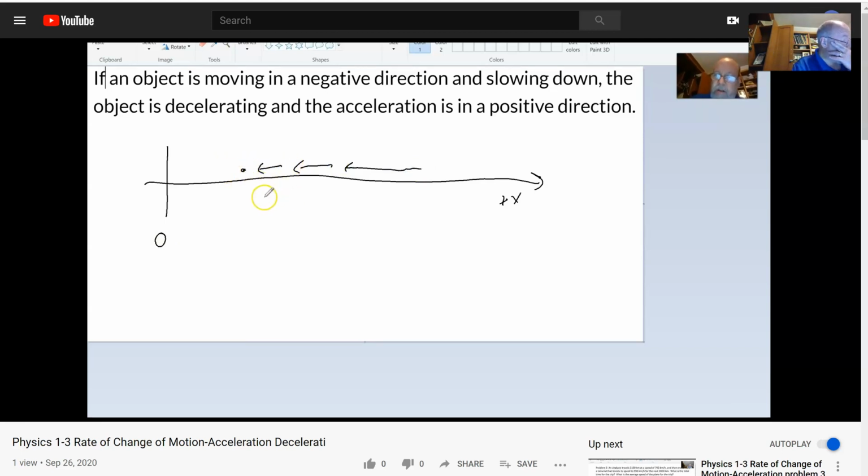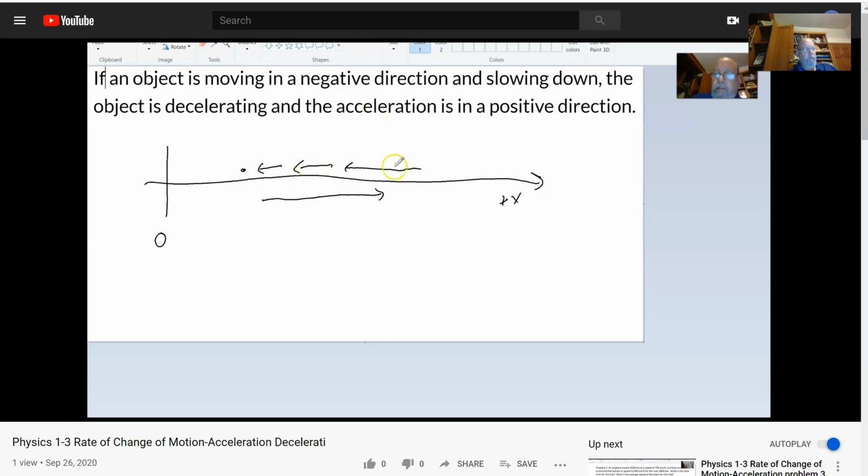That means the acceleration arrow has to be pointing in the direction of the increasing lengths of the velocity vectors, so that acceleration has to be positive. So it is decelerating, but the acceleration is positive, and this particular scenario can be especially confusing.